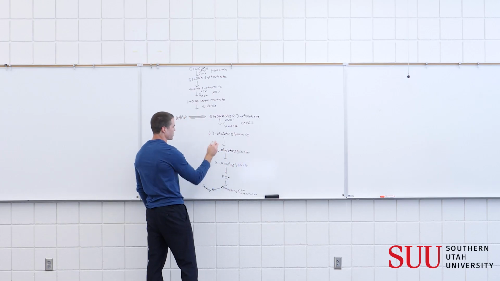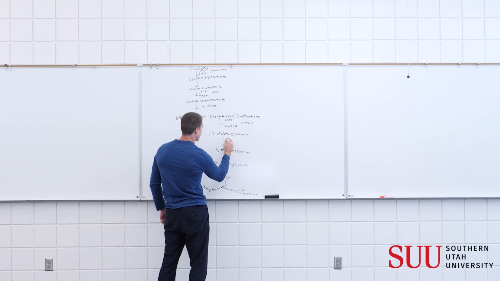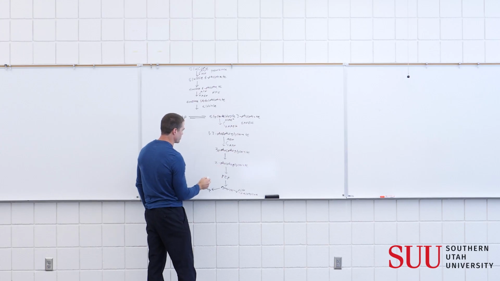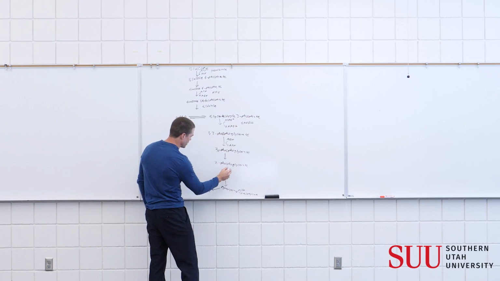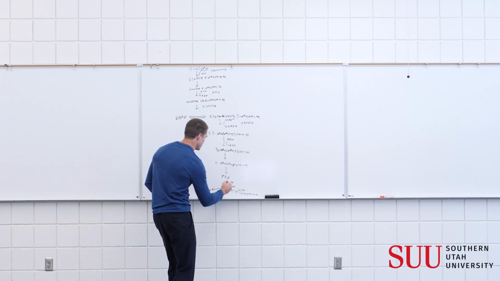And then our 1,3-bisphosphoglycerate is also going to give us an ATP. So this is our first substrate level phosphorylation. So ADP to ATP, and then rearrange that to 3-phosphoglycerate, and then 2-phosphoglycerate. That's a rearrangement. And then we get phosphoenolpyruvate. There's also a phosphate here, so we'll go ADP to ATP here. And this is by pyruvate kinase.